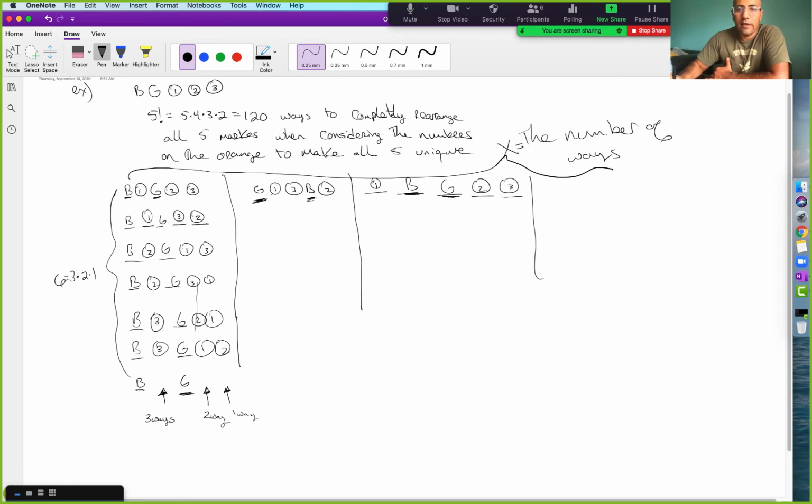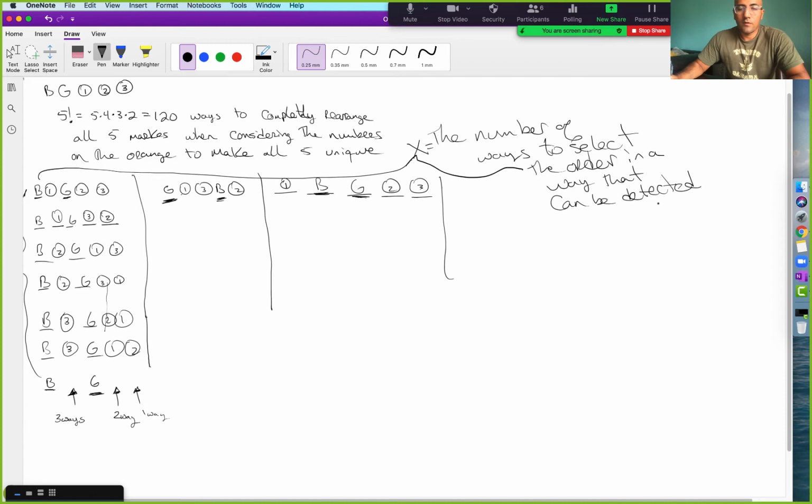Let's call this x. X equals the number of ways to select the order in a way that can be detected even if all the orange ones don't have numbers.